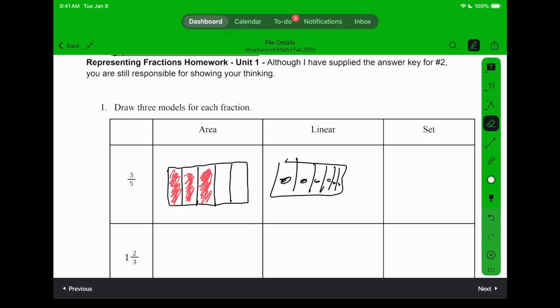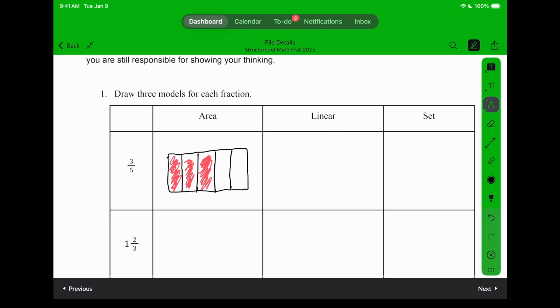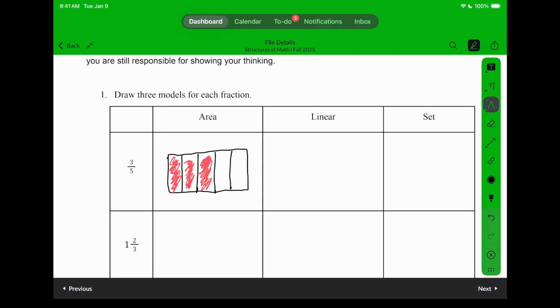You've got to make sure it seems equal. And then I used a different color to shade in just so that it was more visible. So that's the area model.